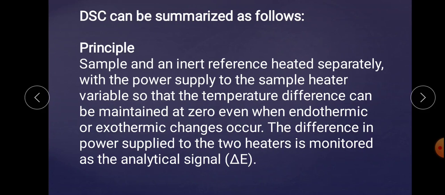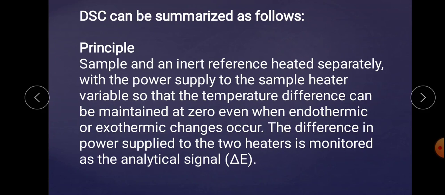So exactly similar conditions are considered here to maintain delta T equal to 0 for the reference as well as the sample. The intake of heat from the heater either increases or decreases, and that is nothing but the basic principle of DSC.